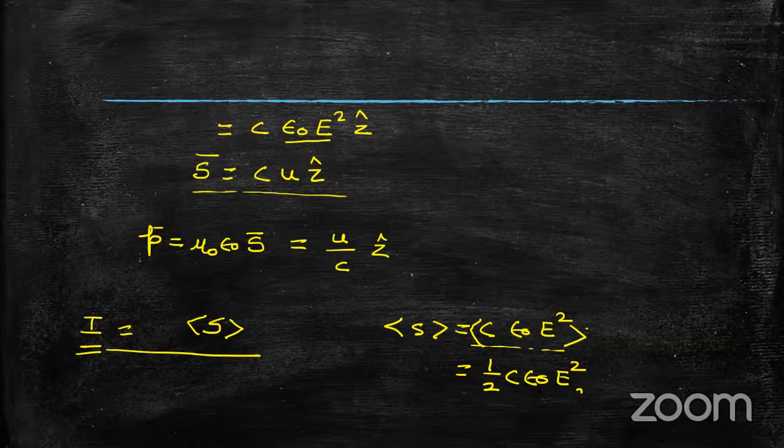Take the average of cos square. No, but the term contains E square, no? The average of only sine will be 0, but the average of sine square or cos square will not be 0. See, if you have only E, then there is a problem, then it will be 0, obviously.